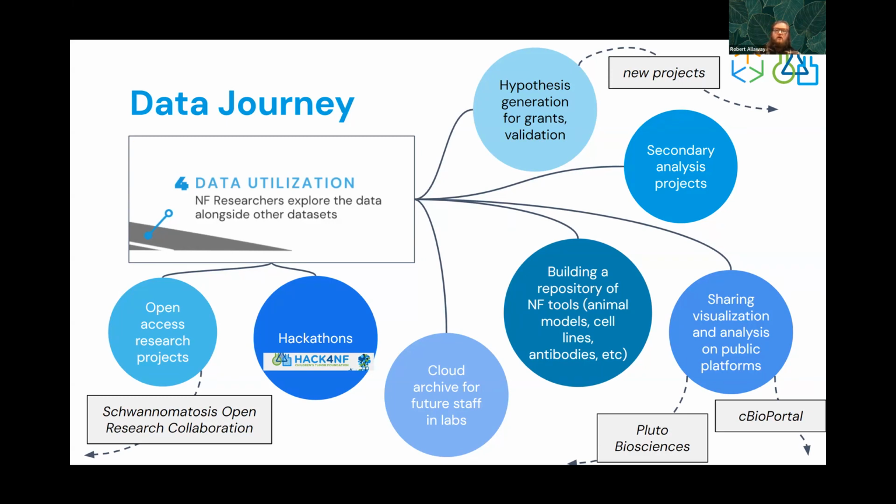We are involved in open access research projects and secondary analysis research projects. So we run an open research collaborative in schwannomatosis. We've run, I think at this point, 4 different hackathons for neurofibromatosis, where we try to get a variety of different types of people together to look at the data and ask interesting questions of it.